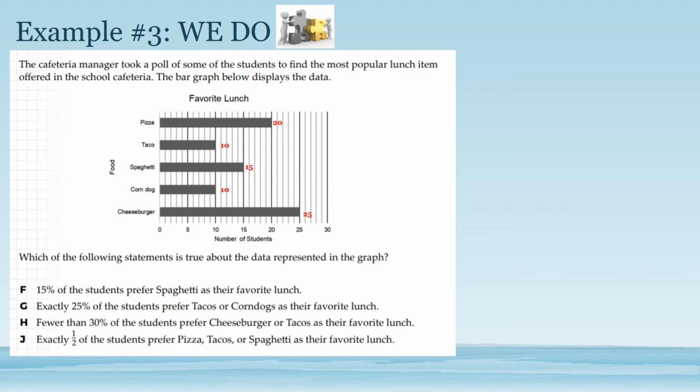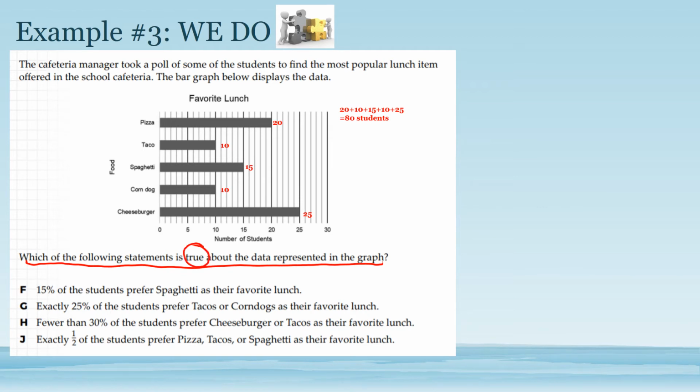What is the total number of students that took this survey of their favorite lunch item? If you answered 80, you are correct. Now we're going to make sure we annotate our answer choices. So we're going to look for which of the following statements is true about the information in the graph.